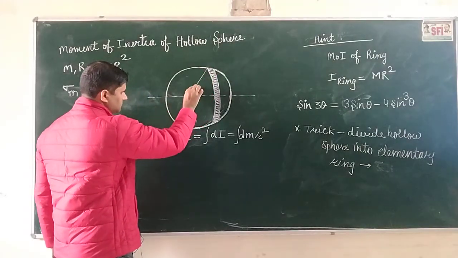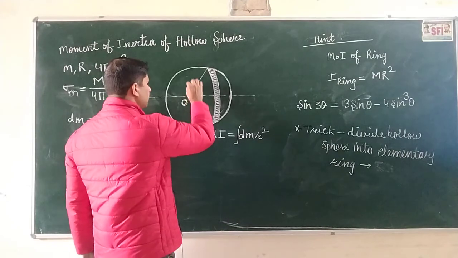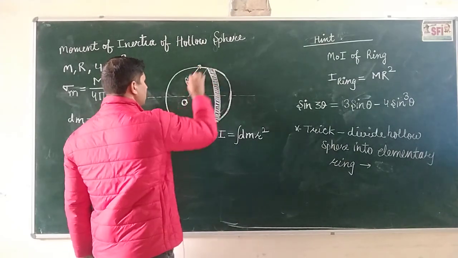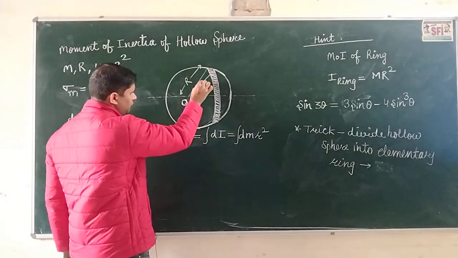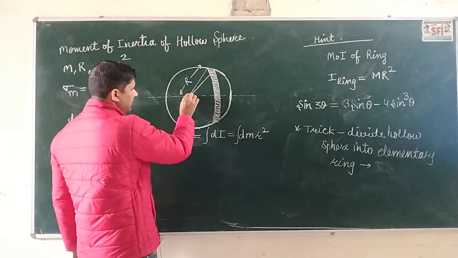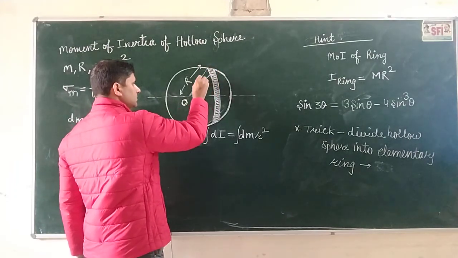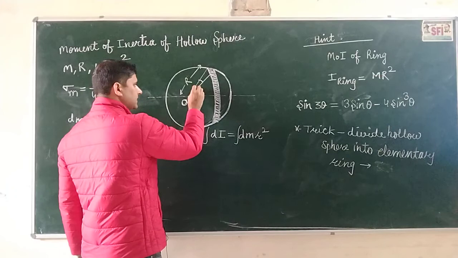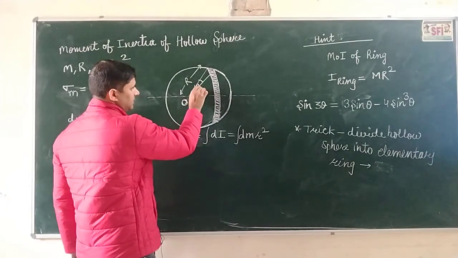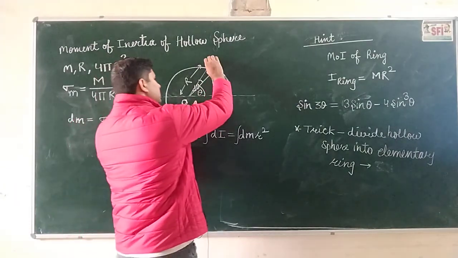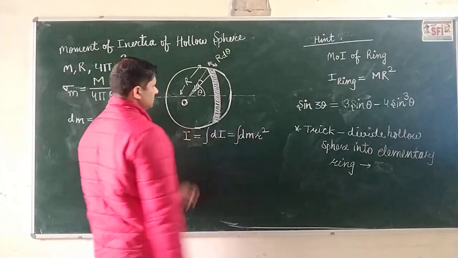So let O be the origin, the center of this hollow sphere, and we have taken r to be the radius, and the angle made by the width of this strip at the center is d theta, and this angle is theta. Then this thickness will be equal to r into d theta.